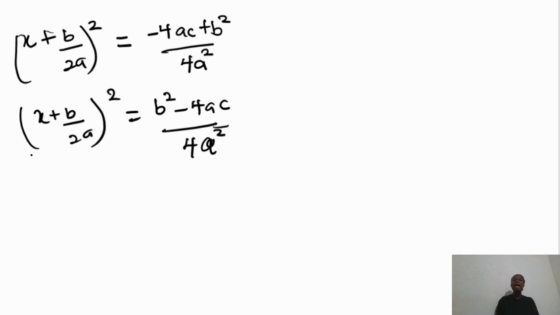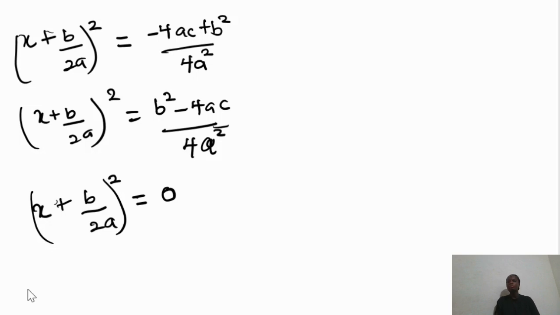Now, to find the axis of symmetry, we are going to equate the left hand side of the equation to 0. So we are going to equate x plus b over 2a, all of this squared, to 0.